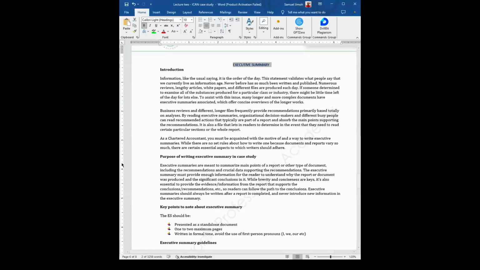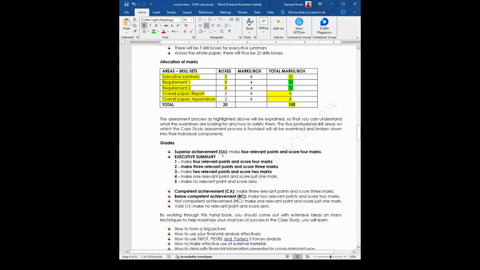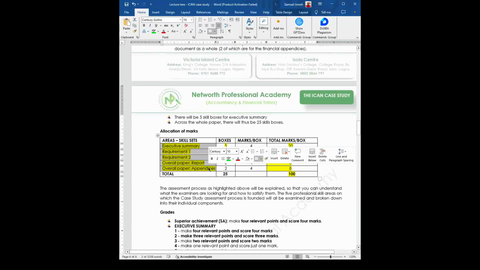I hope you can see my screen now. Yes, sir. Okay, so I said the next thing is for me to start taking you through each of these parts of your report. These are the areas into which your report in the exam will be divided, the skill sets that the examiner expects you to demonstrate in your report.